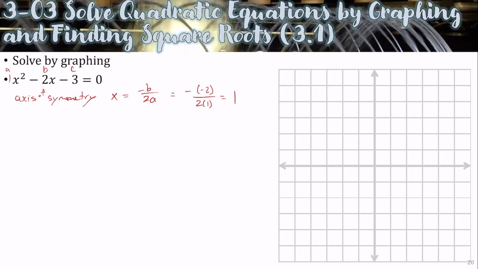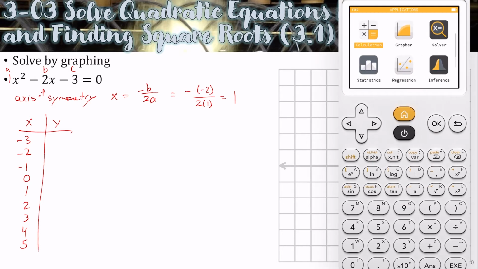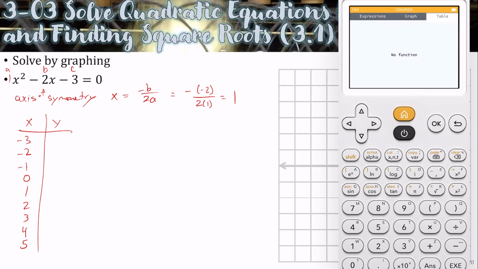All right, so then we make a table, put 1 in the middle, do some numbers less, some numbers more, and we use our calculator. So I'm going to go to Grapher.